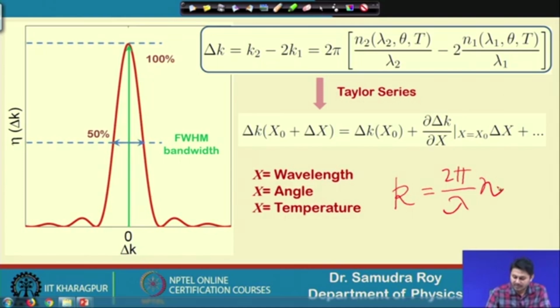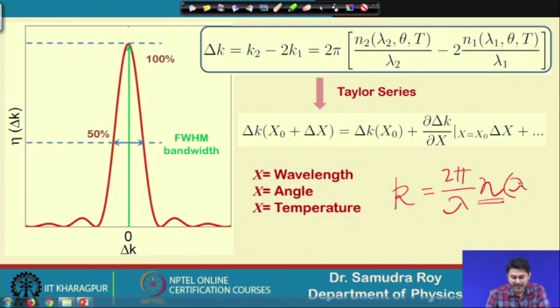Now, this refractive index n may be a function of many things. First of all, it is a function of lambda, no doubt about that. So, whatever lambda I am launching, I have to launch a very precise lambda. So, lambda 2 and lambda 1, if I say these are fixed quantities, still n2 can be varied with temperature and the angle at which I am launching.